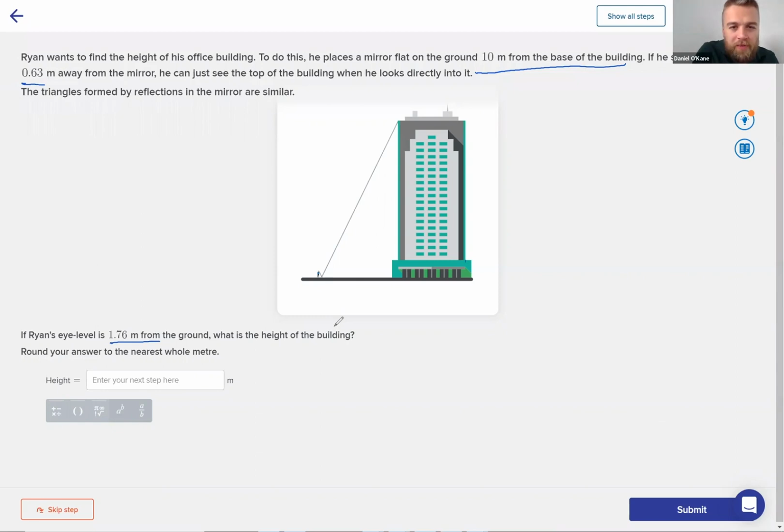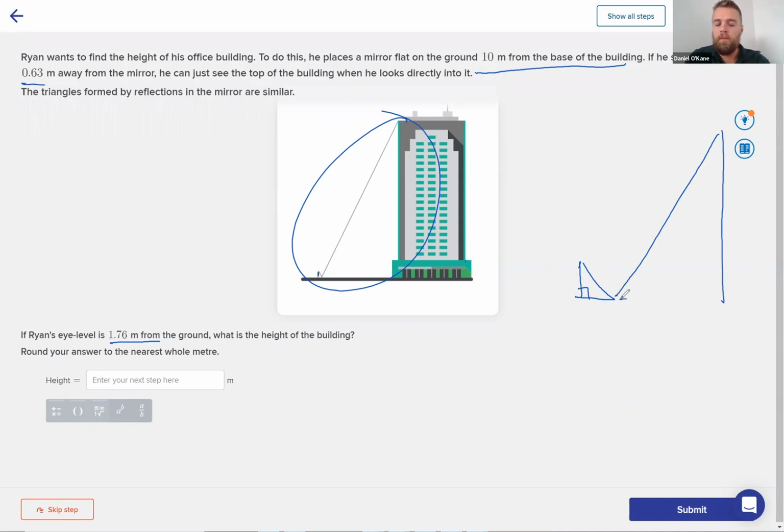Okay, so you have to look at this diagram with these two triangles that get created. So you've got this triangle and this triangle, okay? And so we're told that these two triangles that are formed are similar triangles, okay?